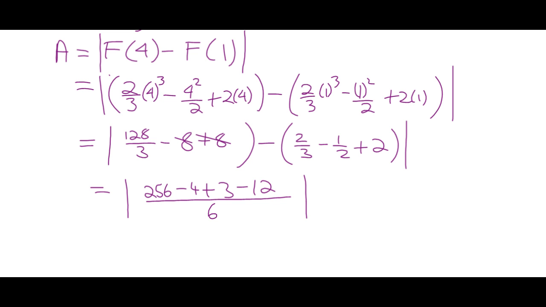That's 12 over 6. All right, so what do we got? 259 minus 16, 243. 243 over 6. Okay, well 6 goes into 243 40 times, 6 times 40 is 240, and then you've got 3/6, so it's 40.5.